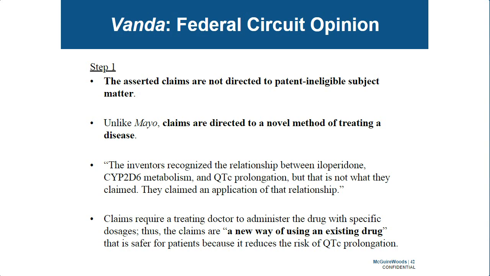Okay, and therefore the invention is eligible for patent protection. And the court added, in terms of this invention, we're also treating with specific dosages, and therefore the claims are a new way of using existing drugs.